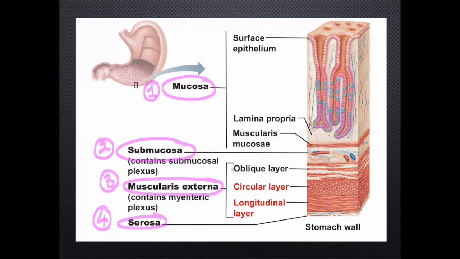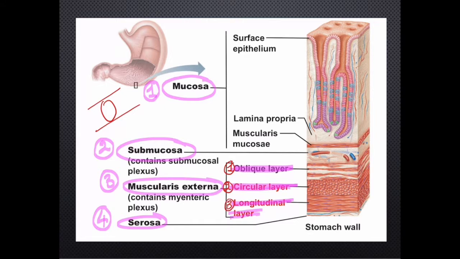What do you notice on here? How many cell layers do you have forming the muscularis externa? What do you think? We have 3 layers. Is this something that we've seen before? So what is the general rule of the muscularis externa? Remember the general rule of the muscularis externa that you have outer longitudinal muscle layer and inner circular muscle layer.